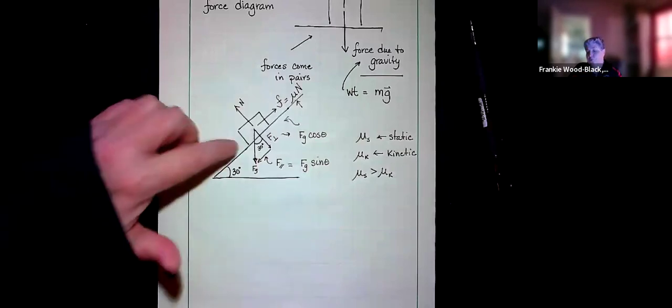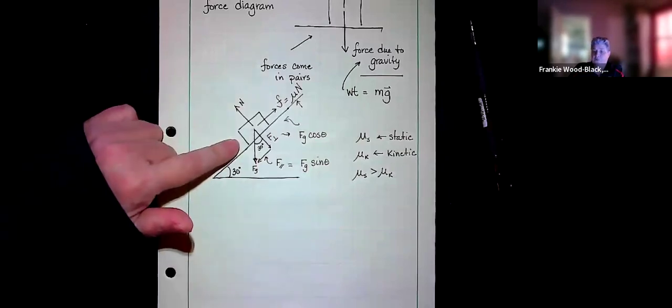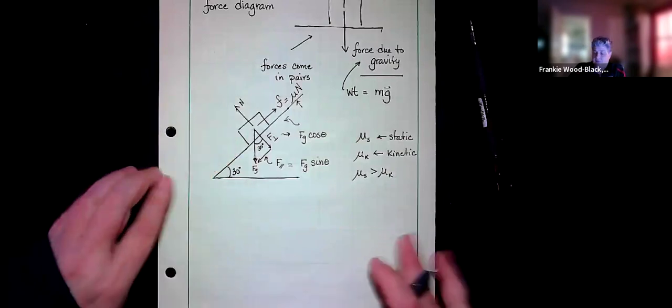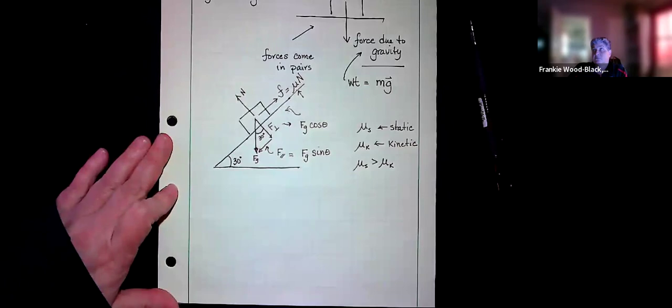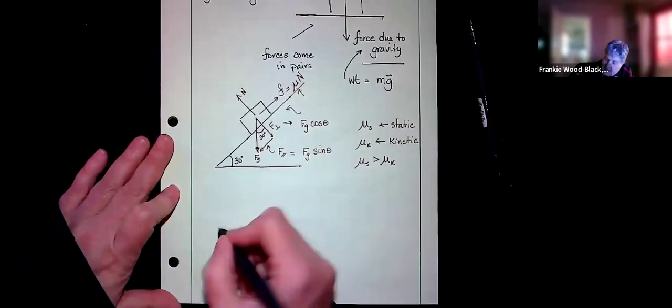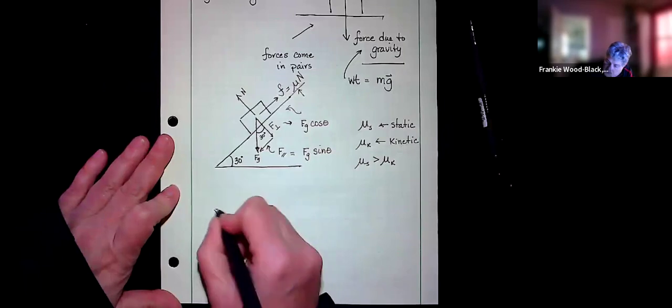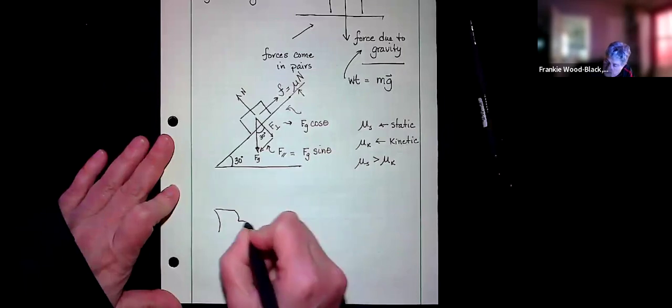So we start drawing our force items. So let's do, if we take an engine, a train engine here.